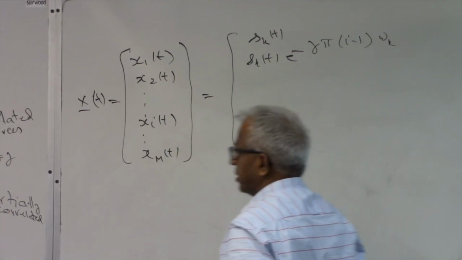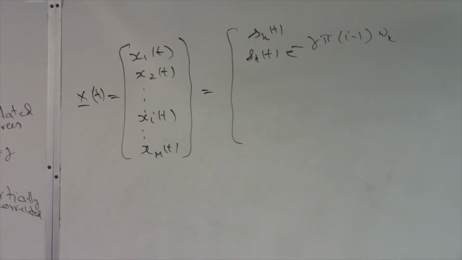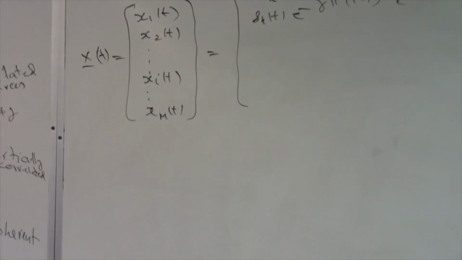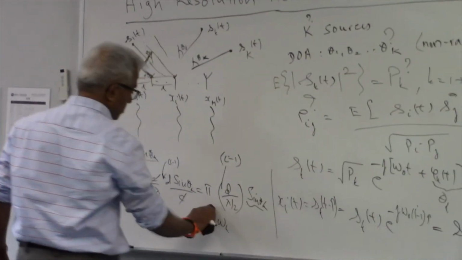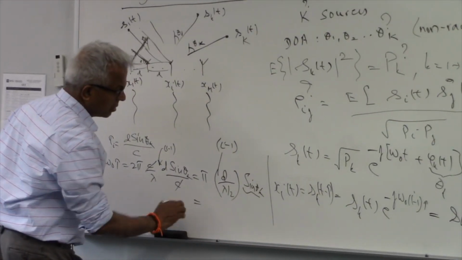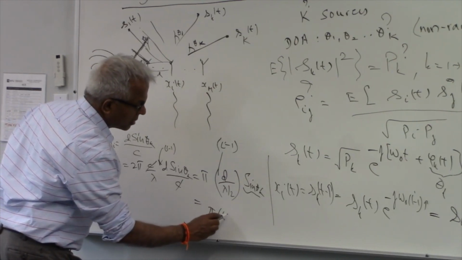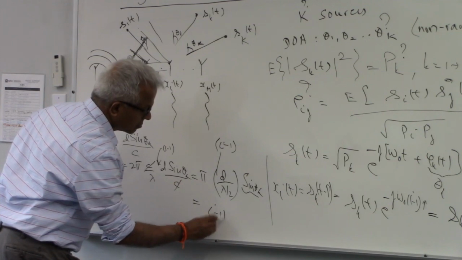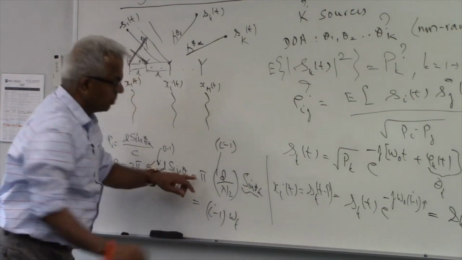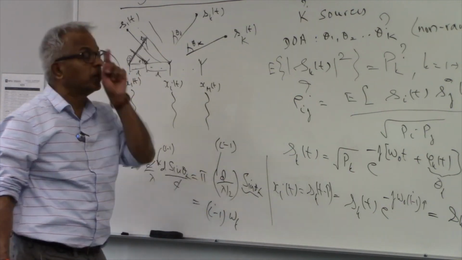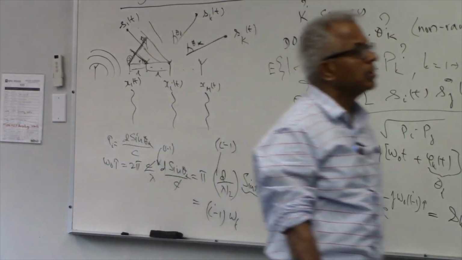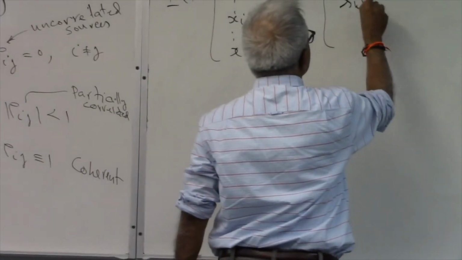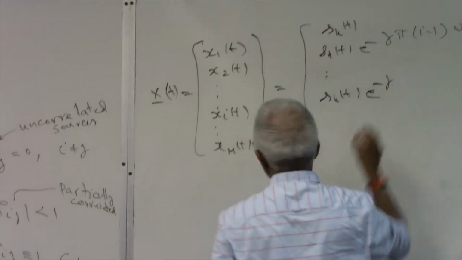That may also be advantageous. So instead of writing this all the time, simply call this pi multiplied by i minus 1 omega k, where omega k is pi multiplied by sine theta k. And so, sk of t e to the power minus j.